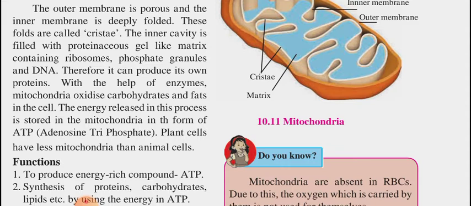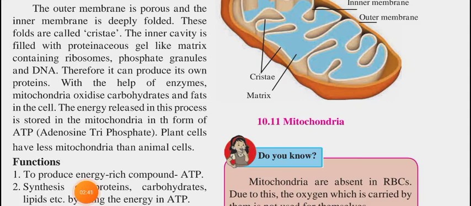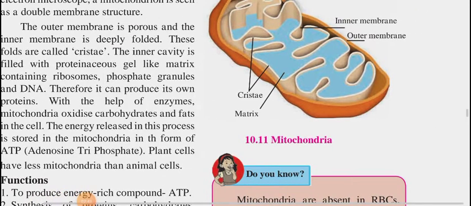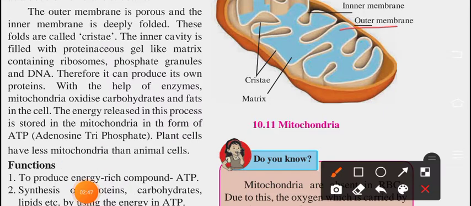The outer membrane is porous and the inner membrane is deeply folded. You can observe the outer membrane and inner membrane here. The inner membrane is deeply folded, and the outer membrane is porous.